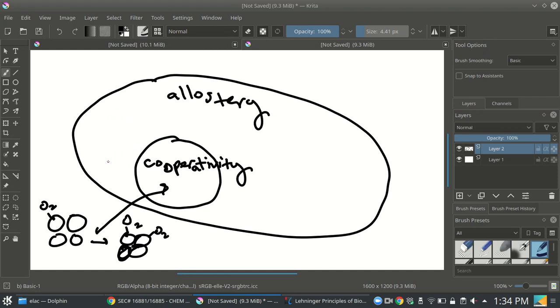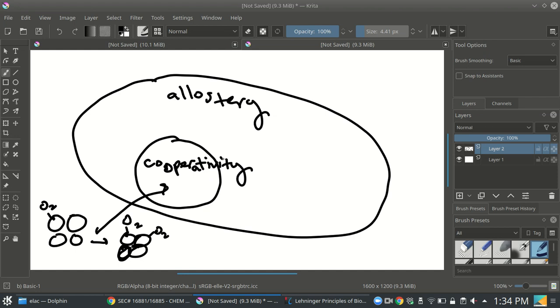The fact that this is done by the ligand is cooperativity, all right? The fact that the shape change and therefore the affinity change is caused by ligand binding. That makes this form of allostery cooperativity.